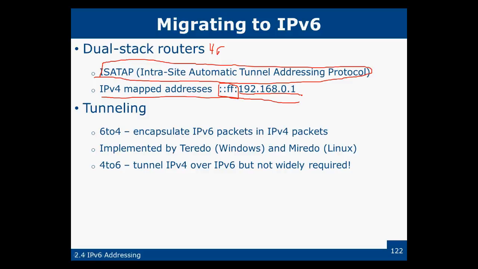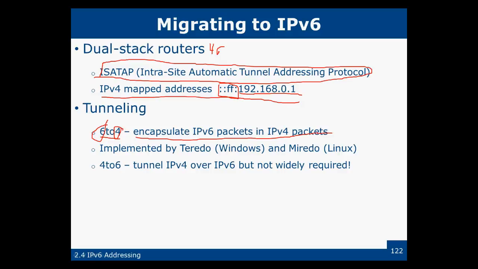Tunneling, what 6-to-4 allows us to do: if we have a 6 network, then we can tunnel the 4 traffic through it. What we do is take the IPv6 packet and encapsulate it in an IPv4 packet to send it from one location to the other.